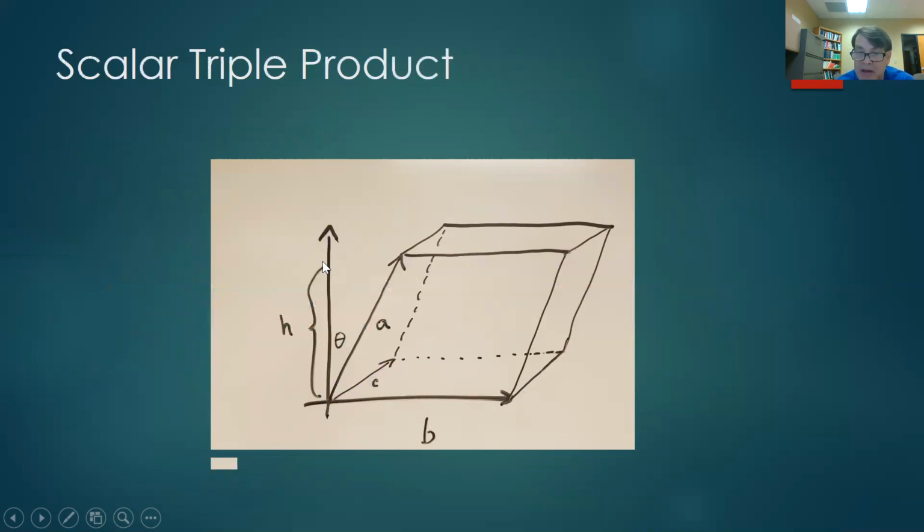And what is the height of this parallelepiped? Well, the height is going to be A times the cosine of theta, right? So A cosine of theta times B cross C.